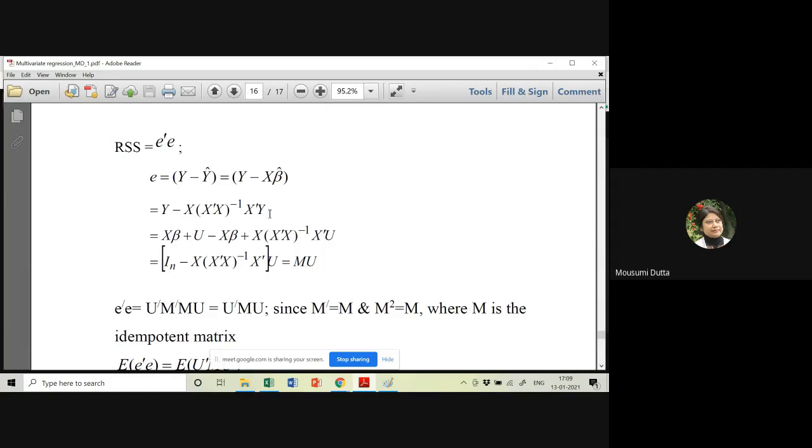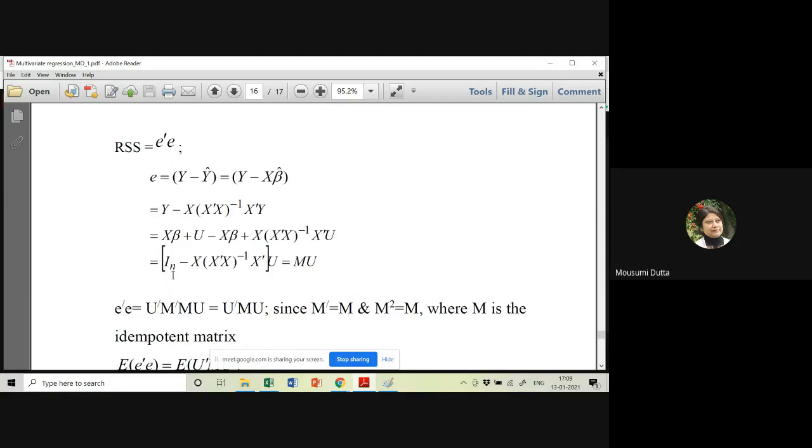As I replace both the y by x beta plus u, we are getting this kind of equation. The first x beta will be cancelled by this x beta. So I have u plus x prime x inverse x prime u. If I take u common, it is I minus x prime x inverse x prime.